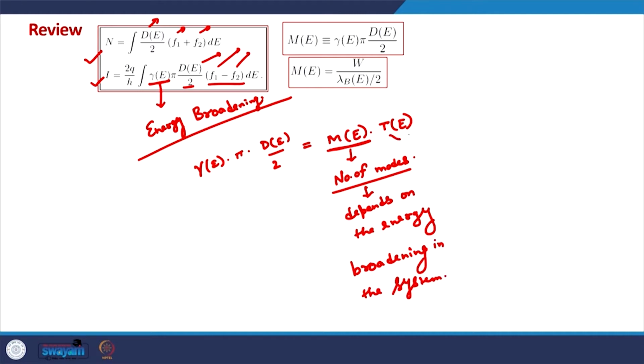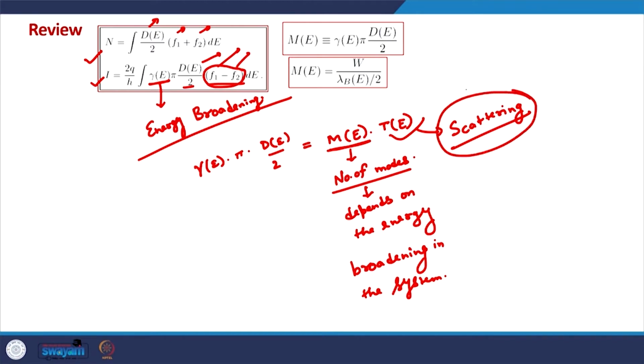And this Te, in the case of diffusive transport, accounts for the scattering in the channel. So this accounts for the scattering of electrons with the atoms or other impurities in the channel. So in a way, in the current expression, apart from the Fermi functions, we account for the scattering and we account for the modes.